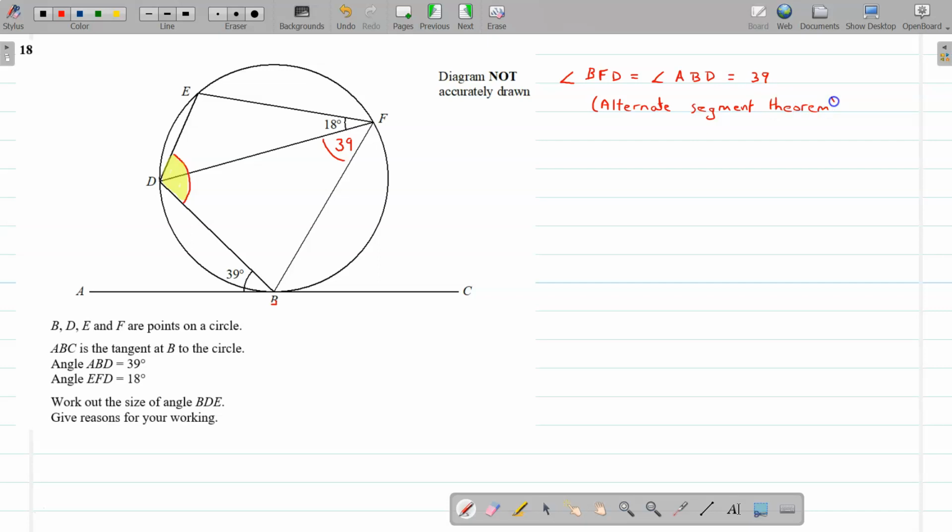So that's the first part done. Don't just write it down and leave it, because you won't get the marks. You've got to give the reasons.